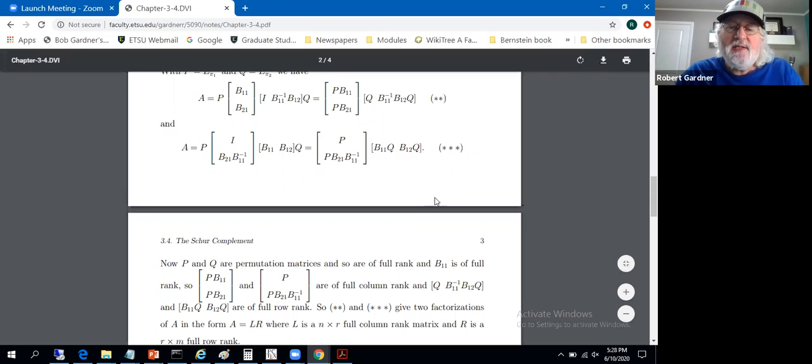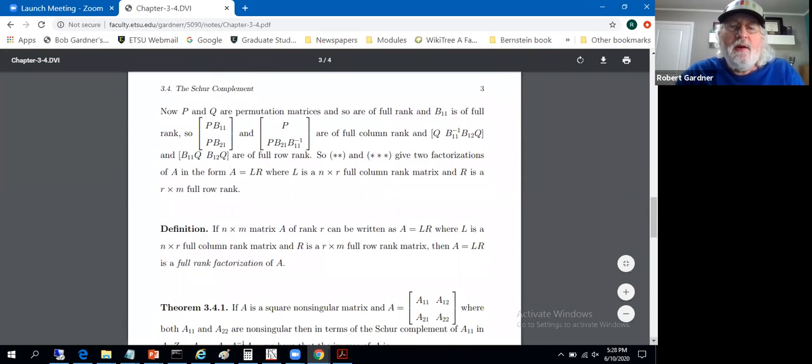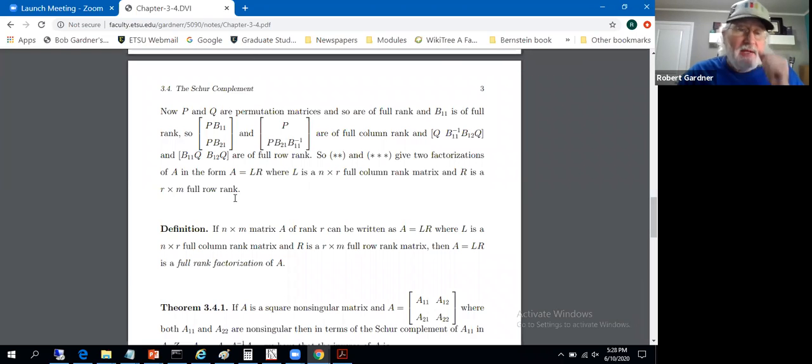So both of these give two factorizations of A of the form A equals L times R, where L is an N by R full column rank matrix, and R is an R by M full row rank matrix. Matrix A wasn't square. These matrices probably aren't square either, necessarily, but we've written A as a product of two matrices that are of a kind of full rank.